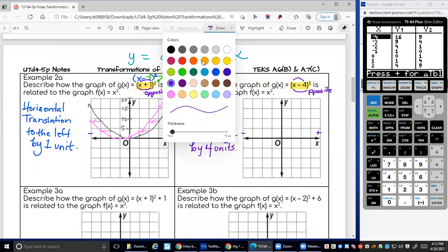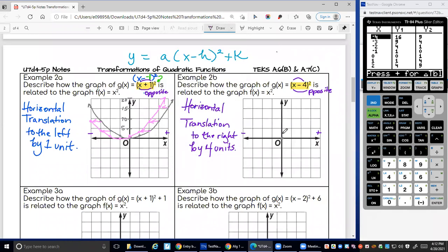I'll give you a little time to write while I draw my little parent quadratic. So drawing the parent, got my 5, got my 10, got my 15. Okay, so we got 1, 1. 2 times 2 is 4, 3 times 3 is 9, and 16. A little symmetry going on right here, and right here, and right there. We're going to draw that parabola.